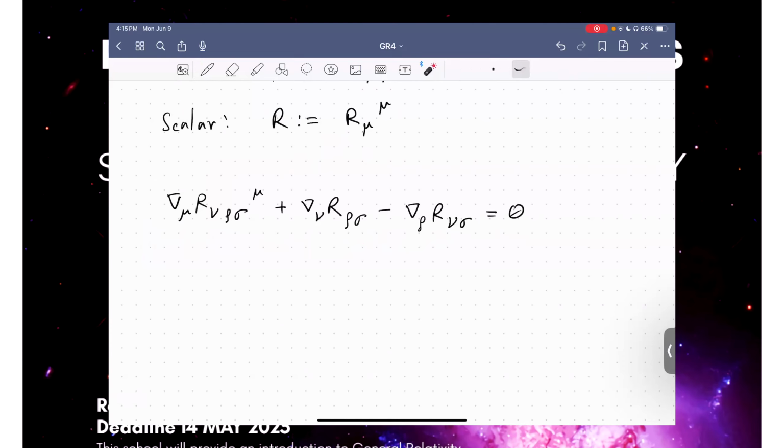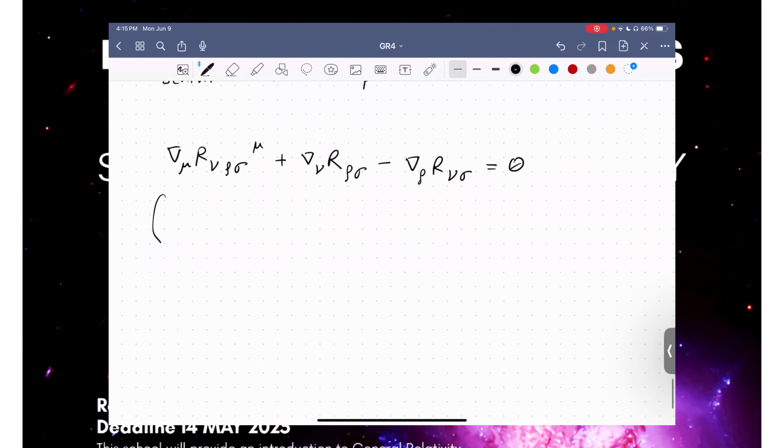When this index is contracted with something in between, we just get the Ricci tensor. Now multiply this with g nu sigma. Then you're contracting these two indices, and here you're contracting nu with sigma, which will simply give you the scalar curvature. Altogether, you find the following.